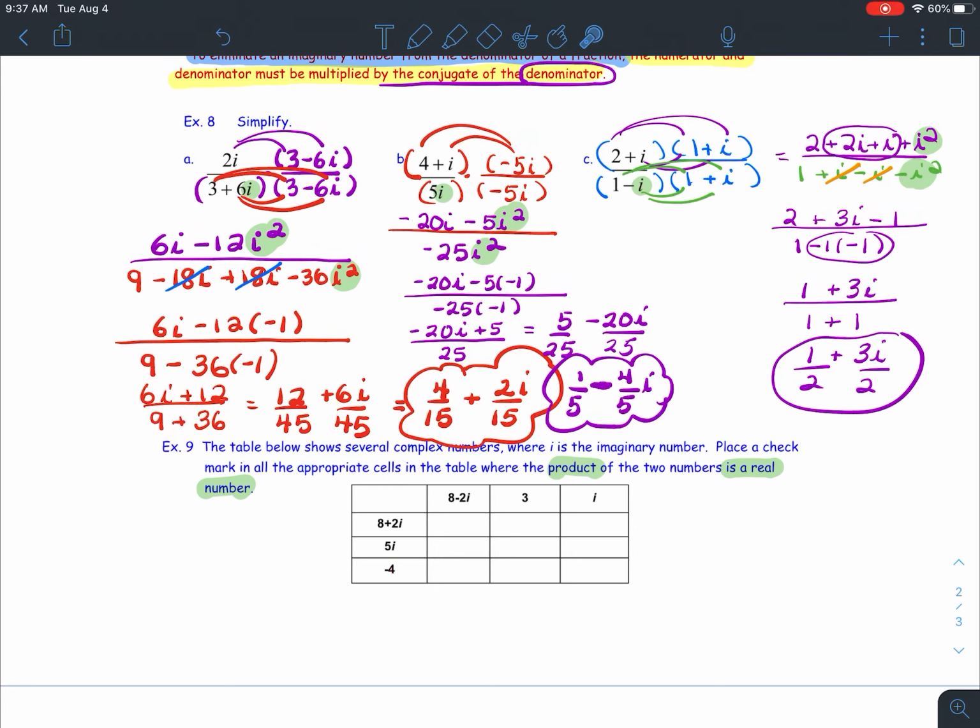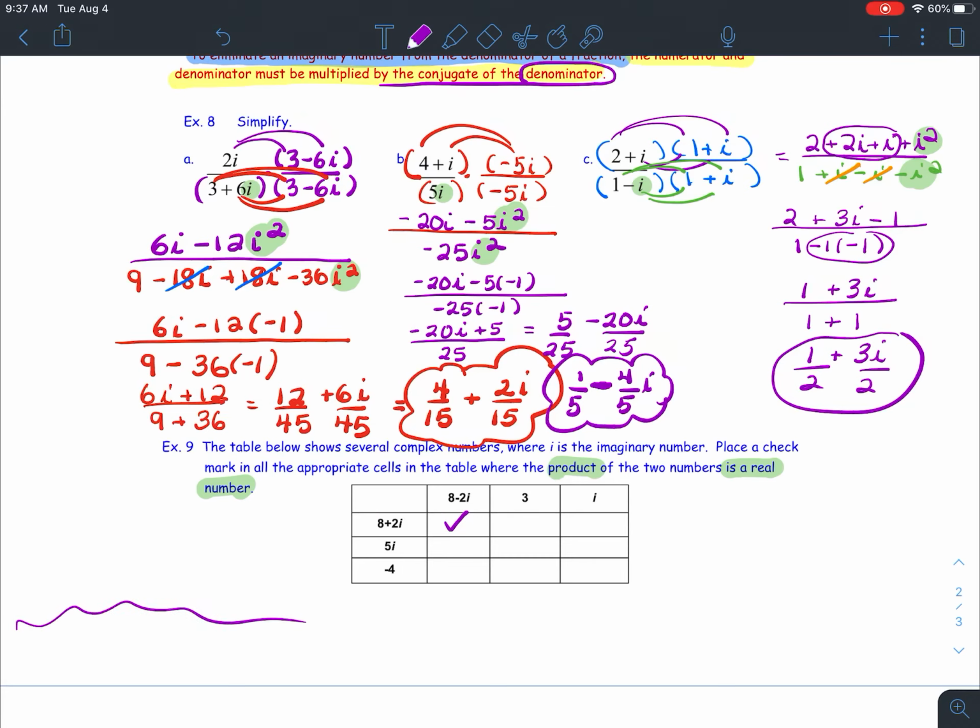Okay, we want to be able to say, if you take what's in this column, is there any of these three things that if you multiplied 8 minus 2i, you would expect the final answer to not have any i's in it? Now, think about what we were doing up here. What we learned is if you take a complex number times its conjugate, eventually when you work through these denominators here, you have no i's left in your answer.